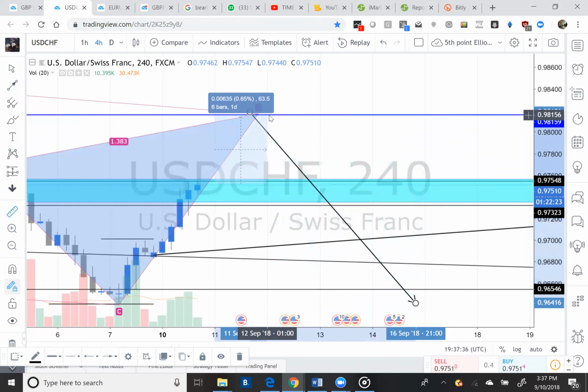That's 238.7 pips we've seen here. This is the opportunity we're looking at.